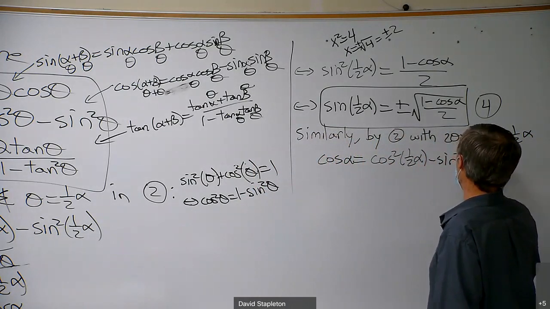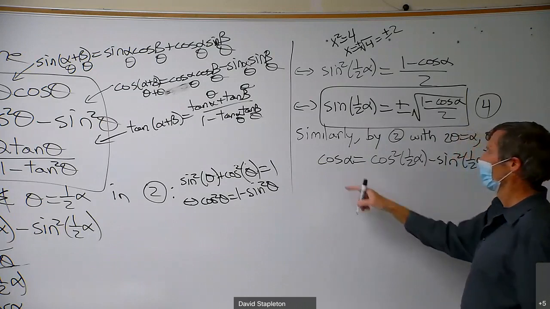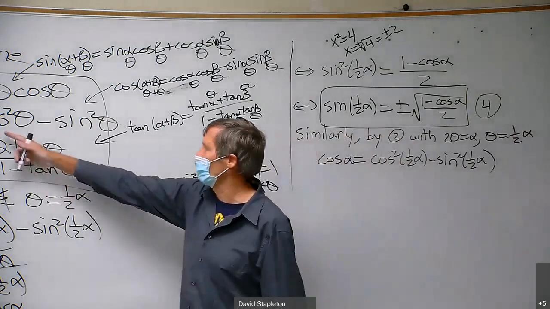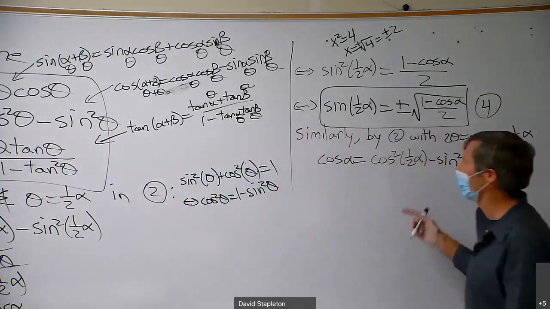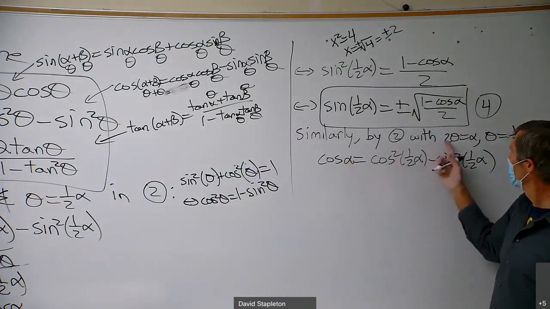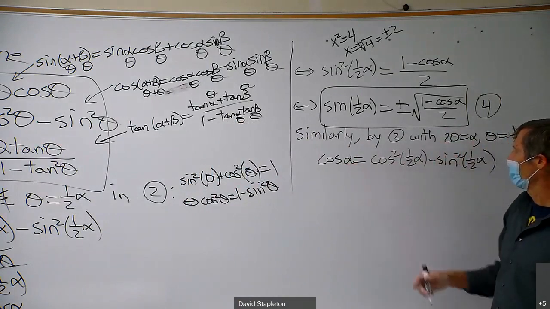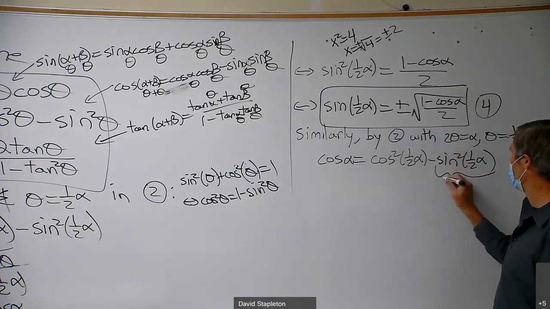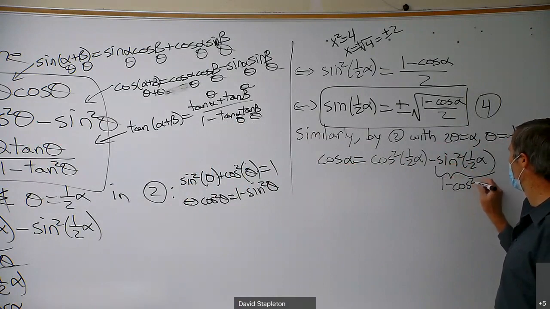So I'll start with that same double angle formula. Cosine 2 theta is cosine squared minus sine squared. Replace theta with a half alpha to get this. And now this time I'm going to replace sine squared with 1 minus cosine squared, also by the Pythagorean identity.